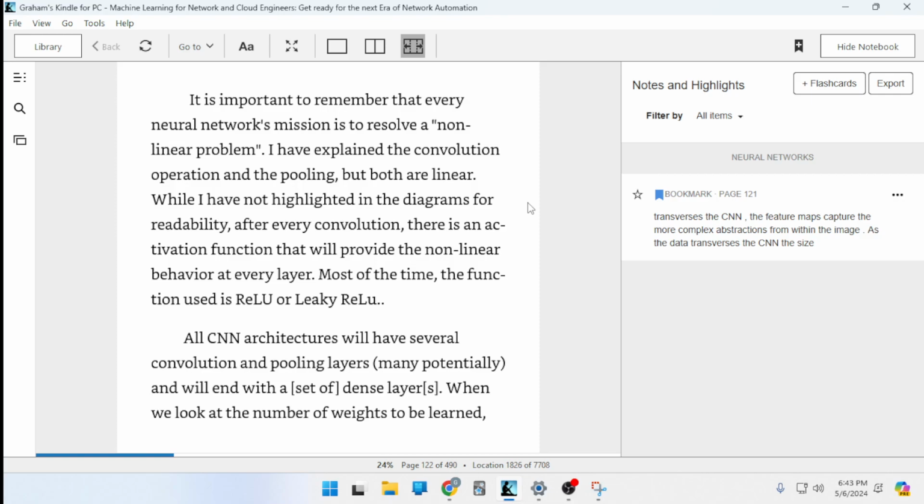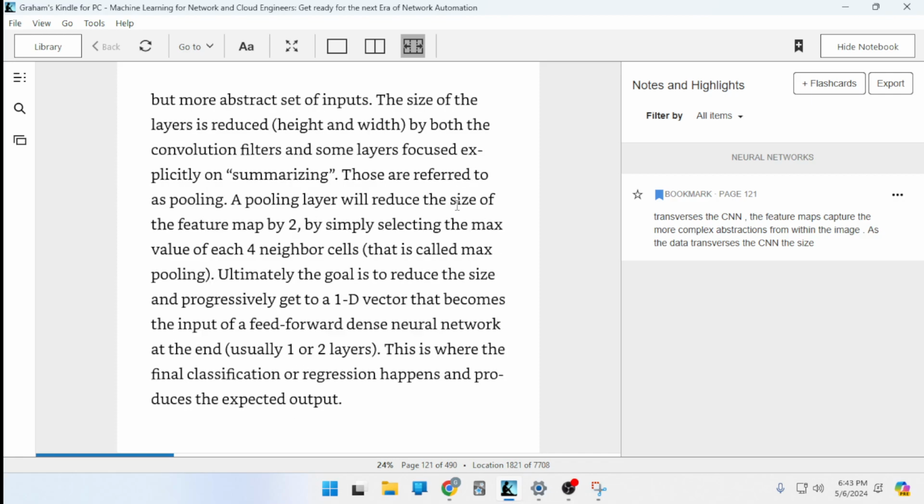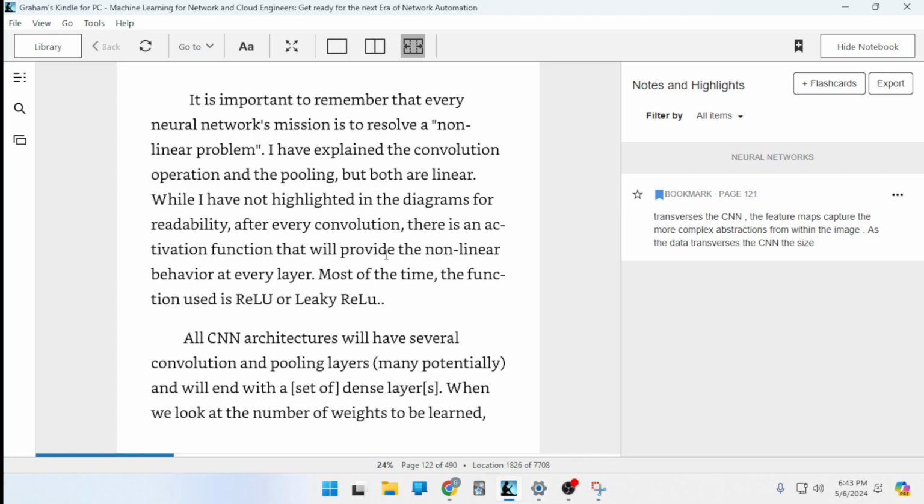Most of the time, the function used is ReLU or leaky ReLU. So we remember those functions from before. Those are the ones that will be used most of the time to provide nonlinear behavior at every layer.